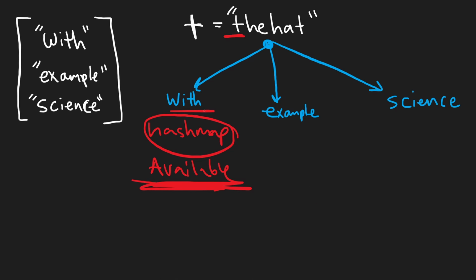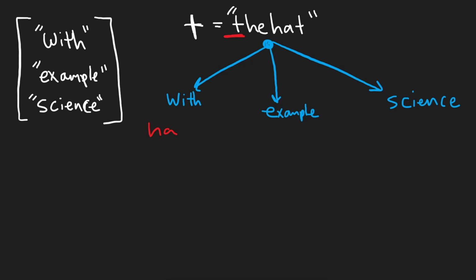So for example, we start out with "with", but we know we need to use a T. So what we're going to do from the sticker is basically remove the T, and we're going to be removing it in our hash map, not from the string itself. I'm not actually going to be drawing the hash map because this drawing is going to get really complex really fast if I do, but just assume that we're using hash maps for these stickers under the hood.